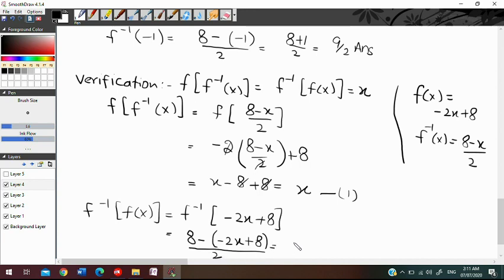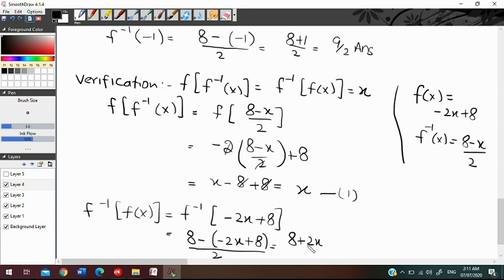Simplify this equation: 8 minus, sorry, here we do not multiply; we just apply this minus sign inside the bracket. So what we have?